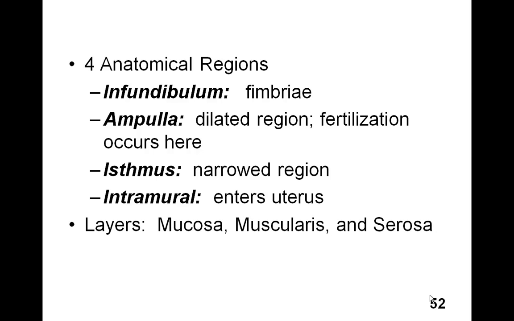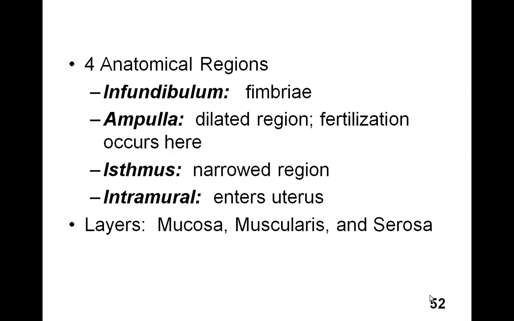Then moving on through the oviduct, the next region is the ampulla. Fertilization of the egg is going to take place in this zone. If you just look at the anatomical diagram of the oviduct in your text, you will also see that this is the widest region, the most dilated portion of the oviduct. Then, as we move on through the oviduct, we'll encounter the third region, which is the isthmus.